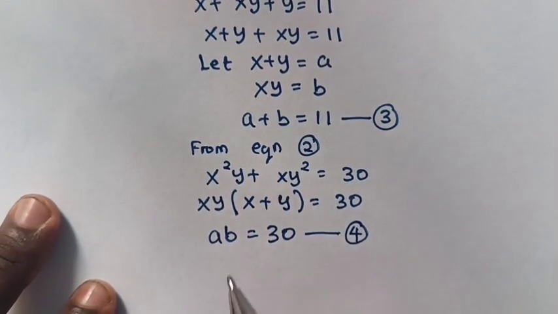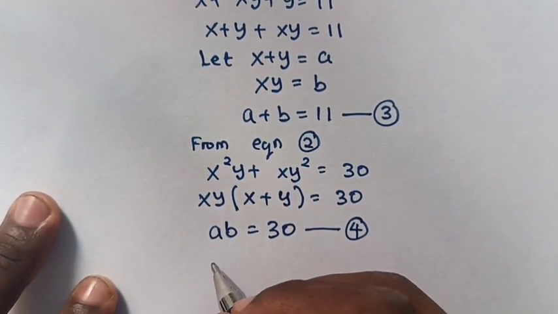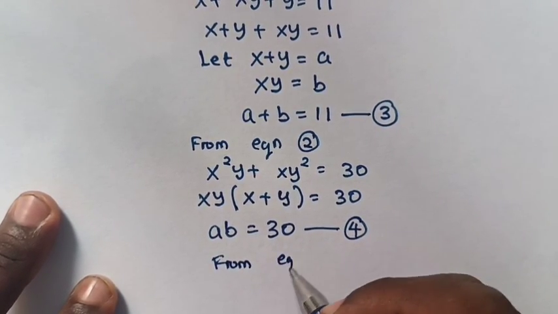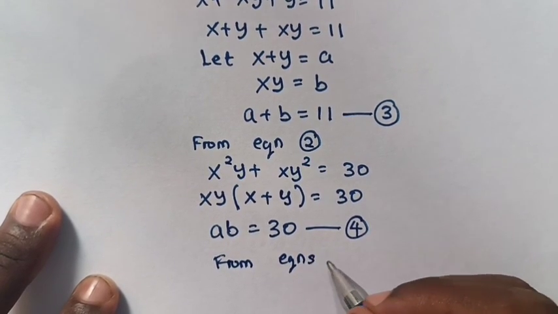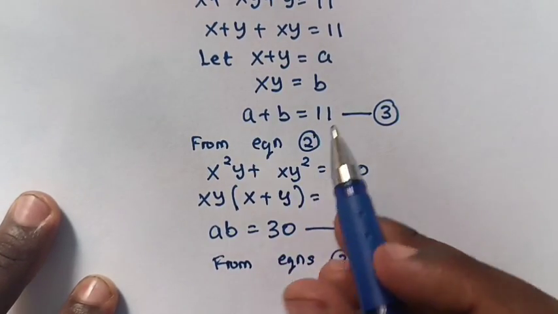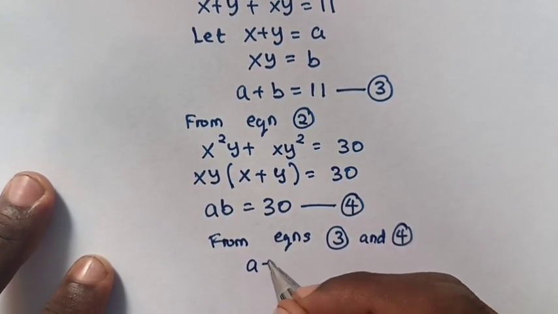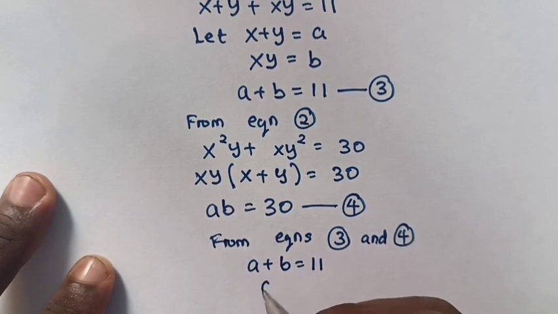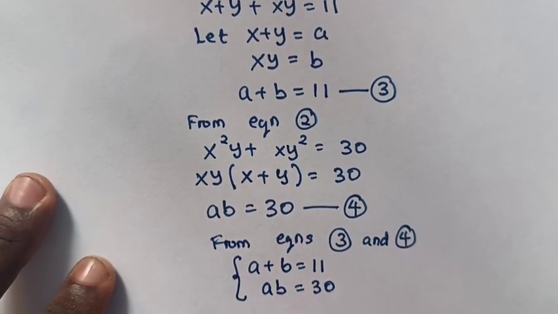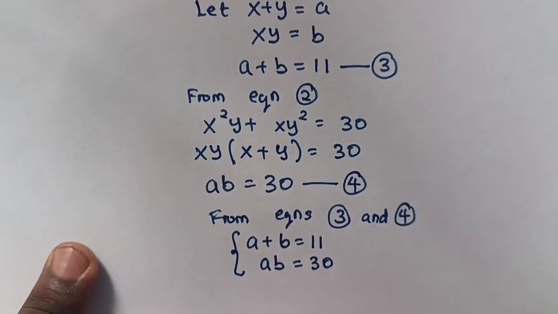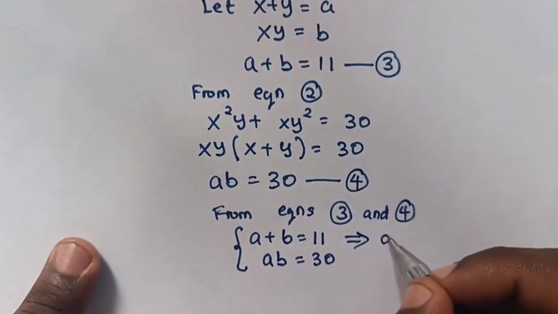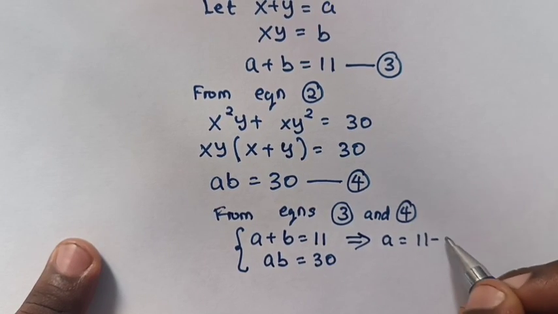Then from equation 3 and 4, we find the value of a and b, whereas equation 3 is a plus b is equal to 11, and equation 4 is ab is equal to 30. So we are going to solve these equations. Now from a plus b is equal to 11, a will be equal to 11 minus b.